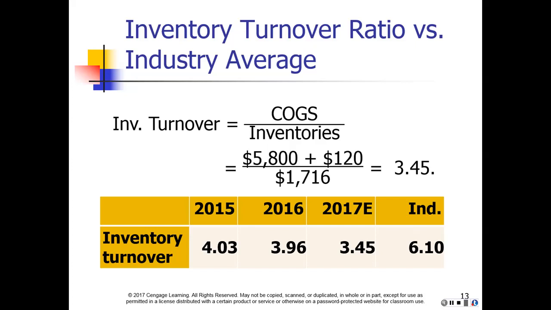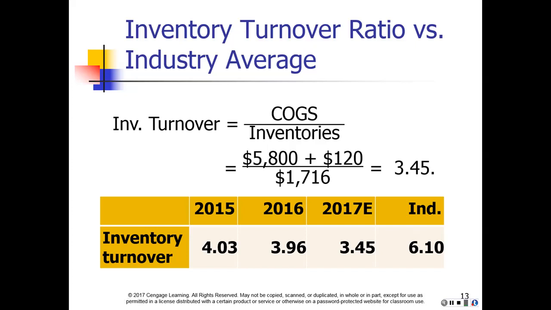Basically, cost of goods sold is the total cost, which includes depreciation. That 120 is depreciation. In the income statement that's given to us, we have cost of goods sold except depreciation, and then depreciation given to us separately, and we basically just need to add the two together for calculating this inventory turnover ratio.